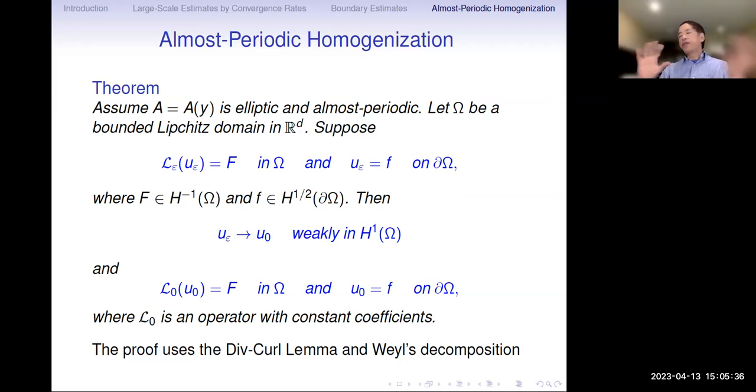More recent research, in the last 10, 15 years, is more on the quantitative side. So we know convergence, but can we prove some convergence rate, and can we prove regularity estimates independent of the parameter epsilon, just like in the periodic case? Lots of work has been done in this direction.